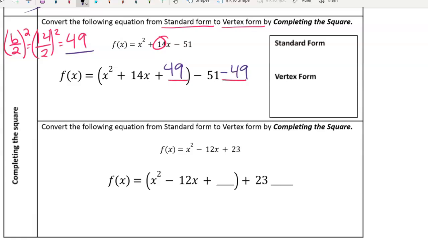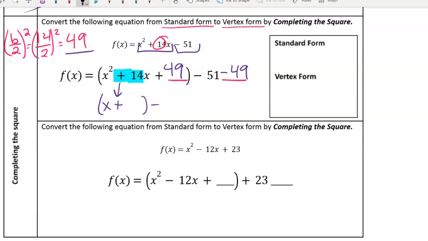So we'll say plus 49 on this section, and then minus 49 on everything that's on the outside. Once we get here, you're going to look at the middle number here and its sign. If it is positive, you keep the positive. If it is negative, you keep the negative.